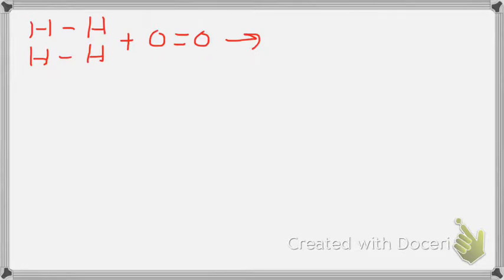Alright, so in B, it looks like we have 2 hydrogens. So again, we're going to draw the Lewis structures. So we have 2 H2s, and they're going to react with oxygen, which is a double bond, and we're going to form 2 waters, and another water here.